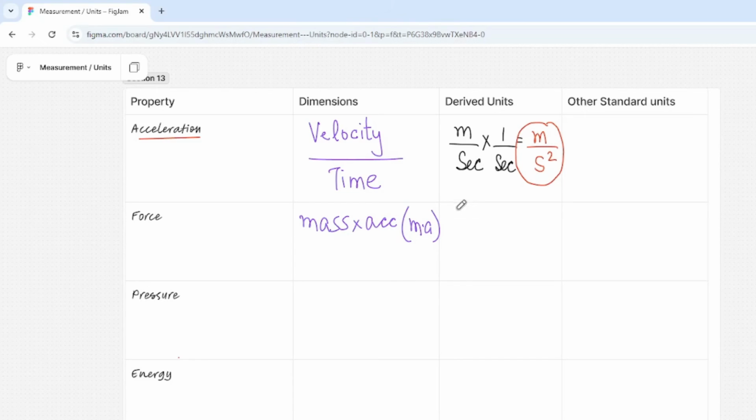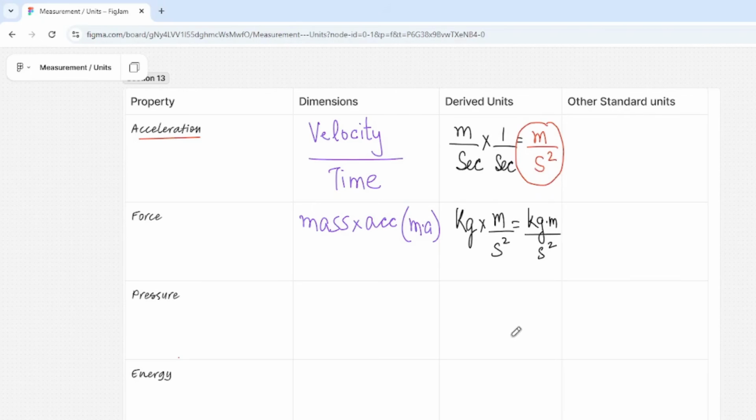We can write kg, multiplied by the unit of acceleration. Acceleration here we have seen is meter per second square. So we will get the derived unit as kg meter per second square.